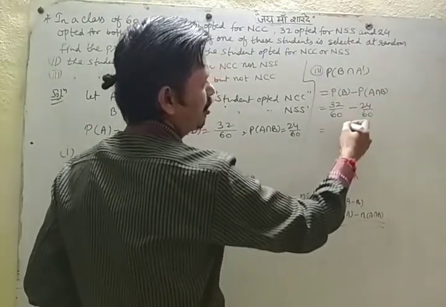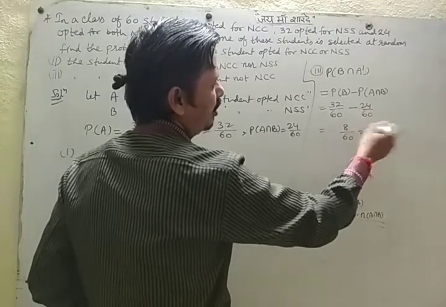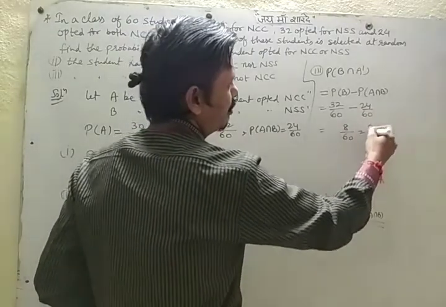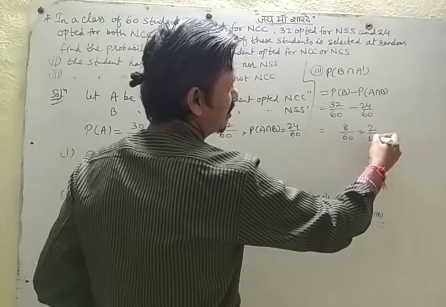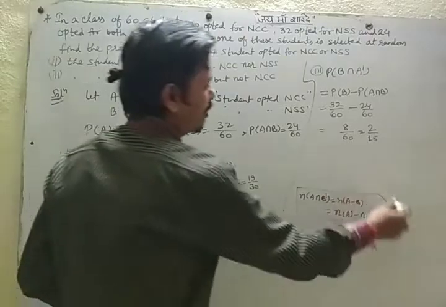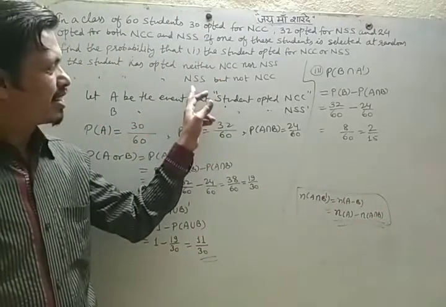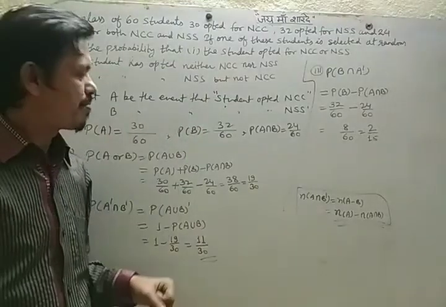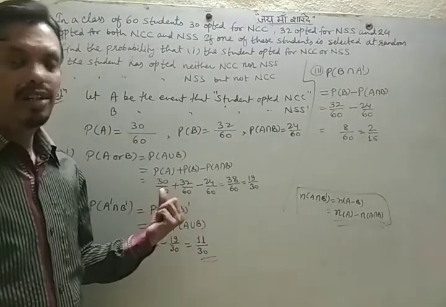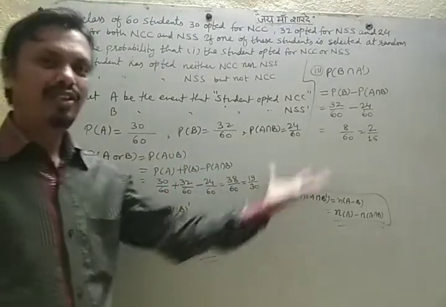So it is equal to 8 by 60. So 4 2s are 8 and 4 15s are 60. 2 by 15 is the probability of getting a student who opted NSS but not NCC. Okay, beta? So De Morgan's law, then some sets properties you have to remember.